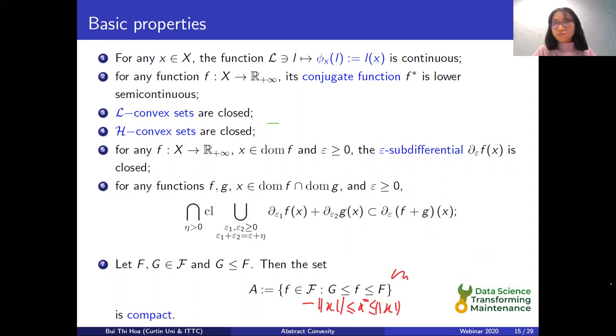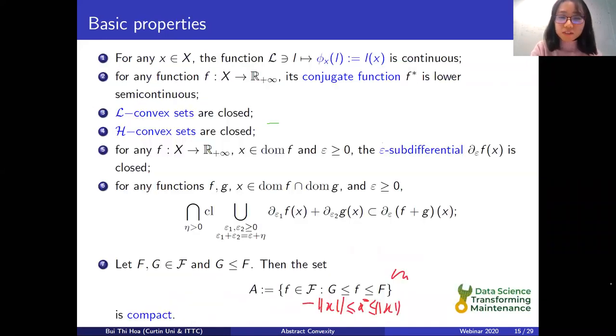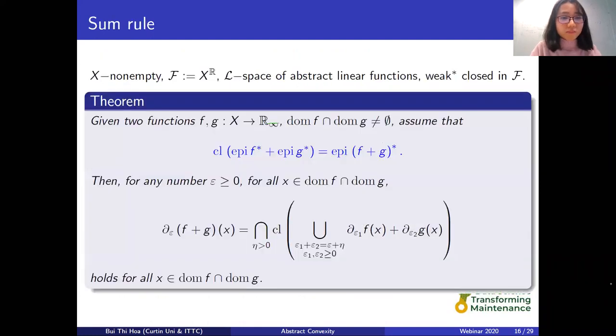Then the question is, how about the sum rule? Do we yet have the sum rule? Although we don't have the equality here, we still have an inclusion. But under my assumption, we will have the equality.